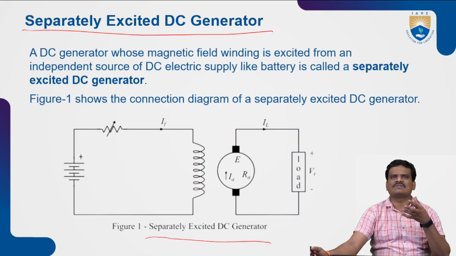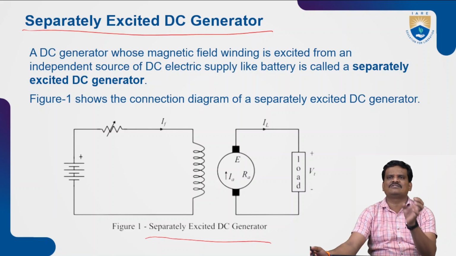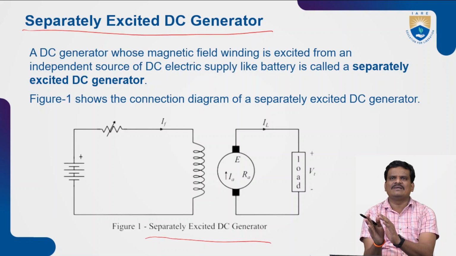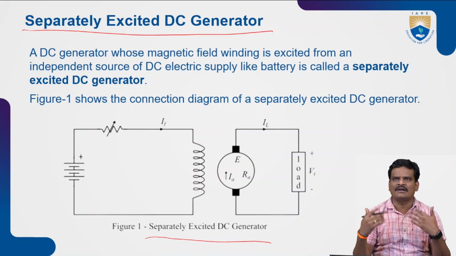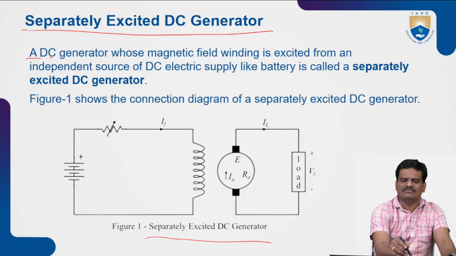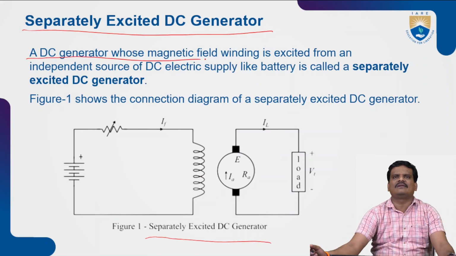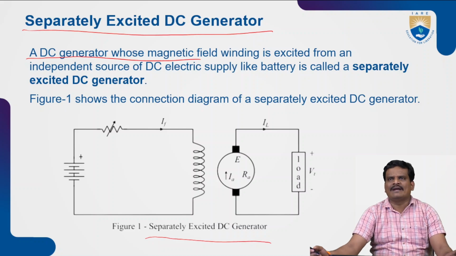The meaning of separate excitation is that the field winding will not be present in the generator circuit. It will be separated from the generator circuit, and the excitation will be given to the machine in order to run. The best definition of a separately excited DC generator is a DC generator whose magnetic field winding is excited from an independent source of DC electric supply, like a battery.